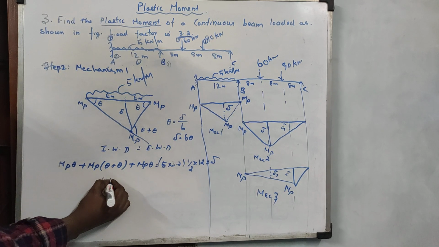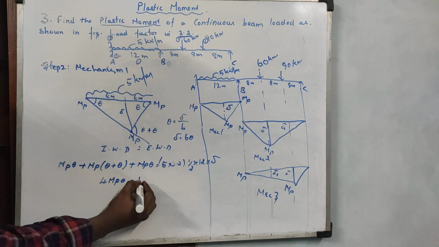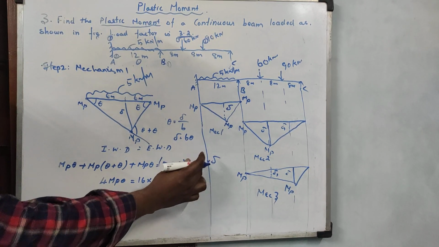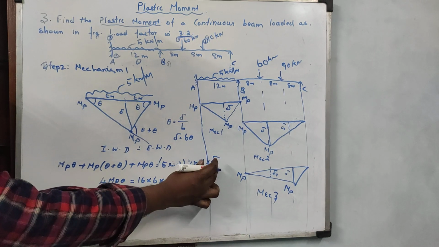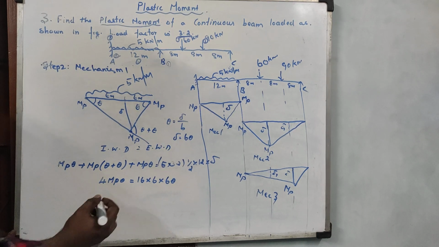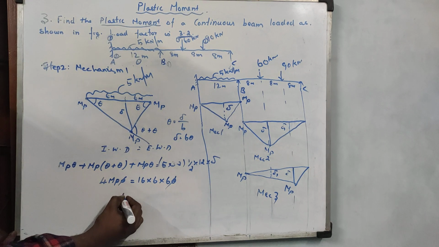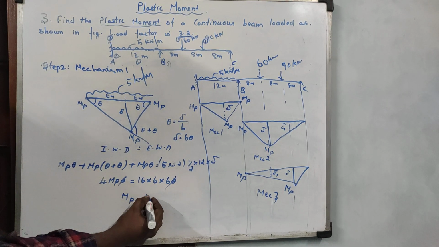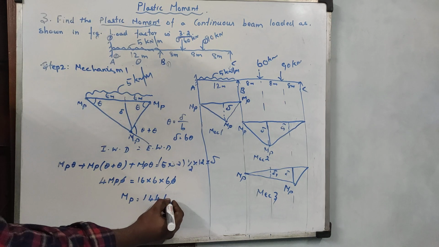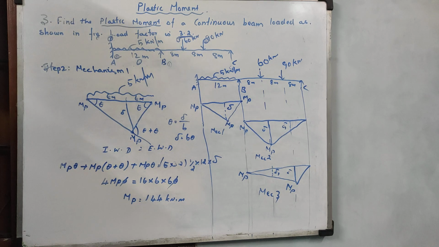Totally we have 4 MB theta equal to 5 into 3.2, which is 16, and 12 by 2, which is 6, and del equals 6 theta. We can cancel theta, and MB equals 144 kilonewton meter. For moment, the unit is kilonewton meter. It is step 2.